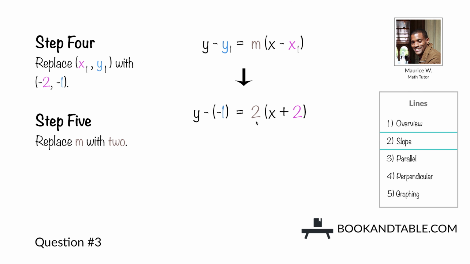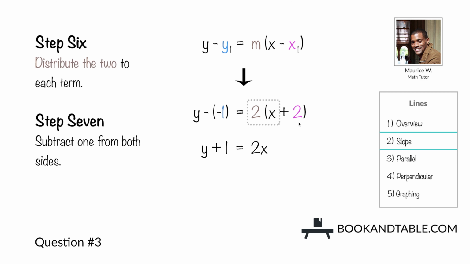Now distribute this 2 to each of these terms for step 6. 2 times x is 2x. 2 times positive 2 is positive 4. So we wind up with y minus negative 1, which is y plus 1, is equal to 2x plus 4.